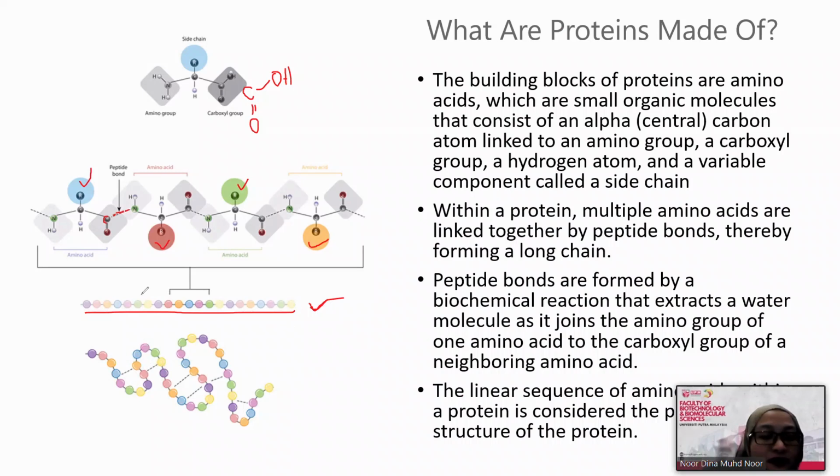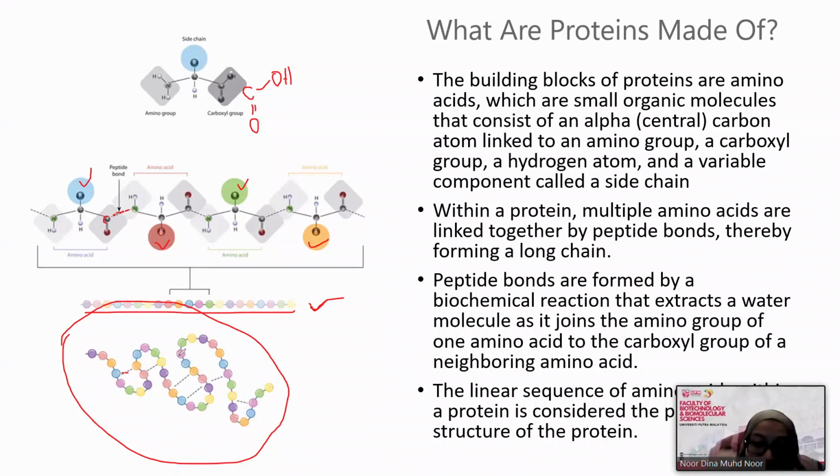And since each of the side chains has different properties, they tend to make interactions between one amino acid and another in different dimensions. When this happens, the protein is going to fold, and this protein folding helps the protein to be activated.